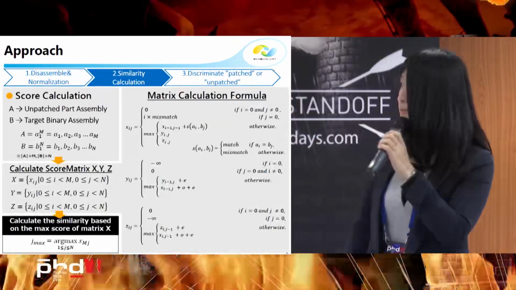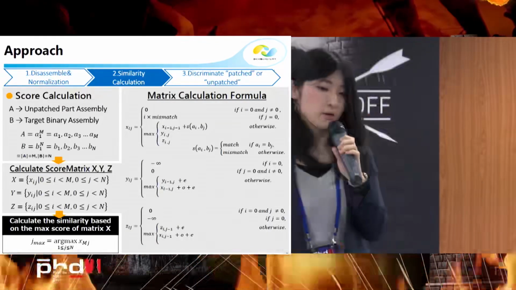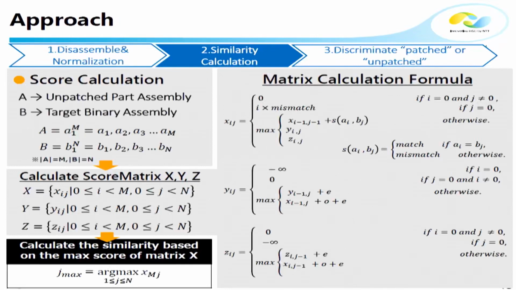Okay. So next, I want to explain the formula of this algorithm. In this formula, I represent capital A as the patch part assembly and capital B as the target binary assembly.